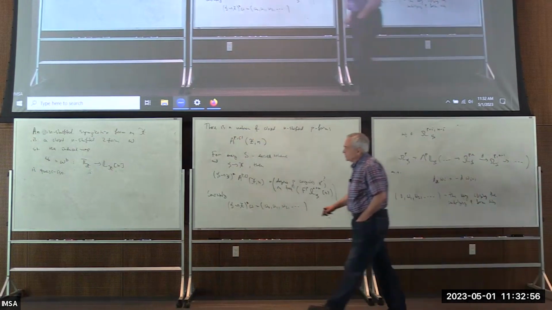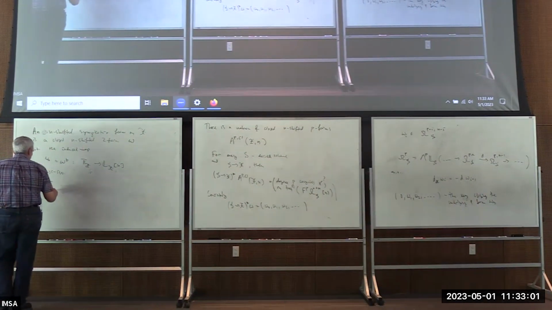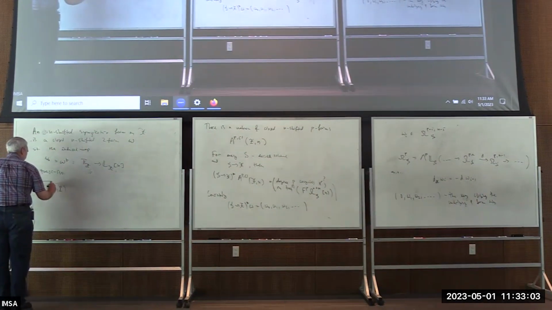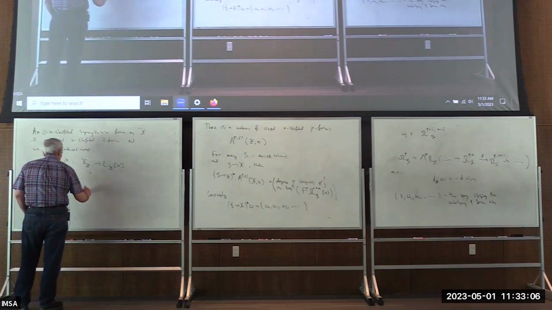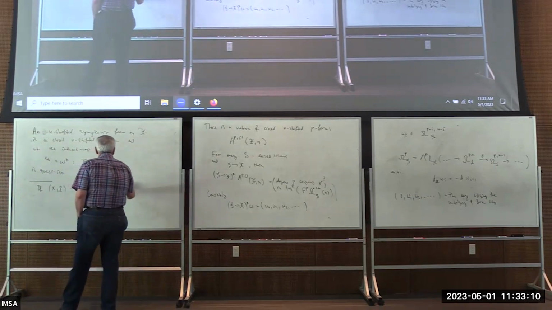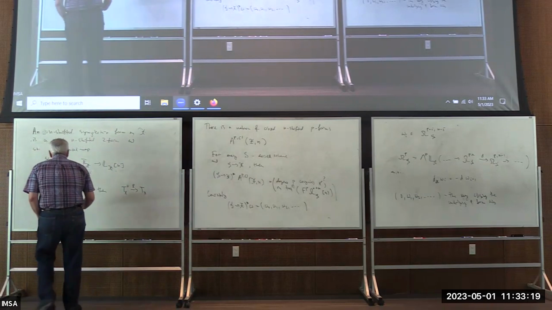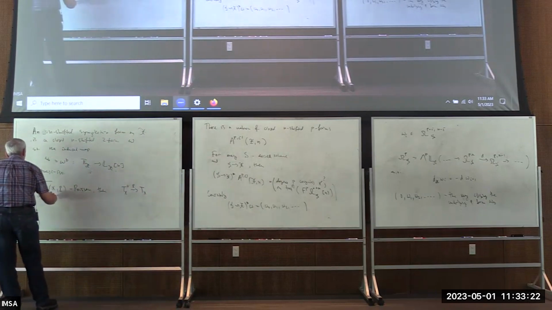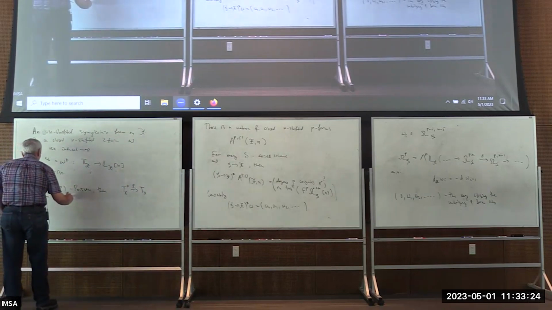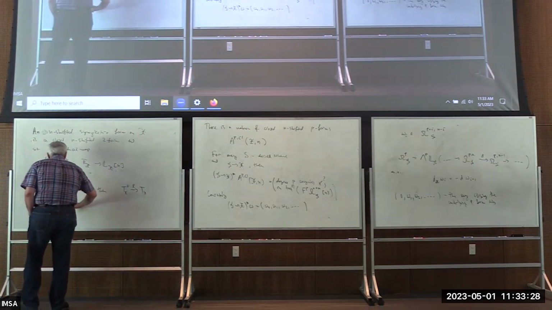Now, how is that relevant to the Poisson story? If X is Poisson, then you have this derived foliation, and then script X is the formal stack.